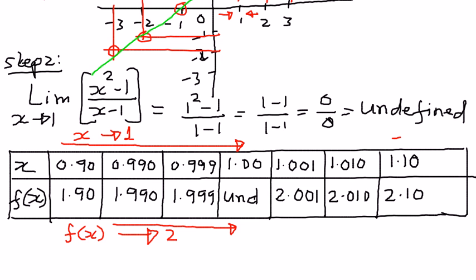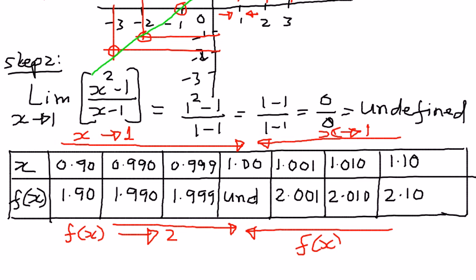Similarly, as the value of x is approaching 1 from the right, the value of the function is approaching 2. The value of the function is approaching 2 from the right. But at x equals 1, the function is undefined.